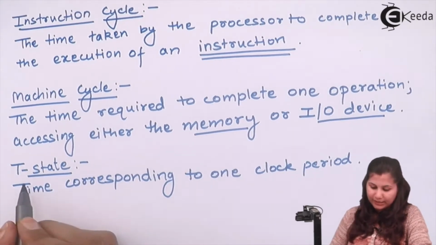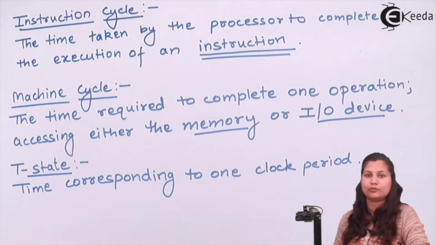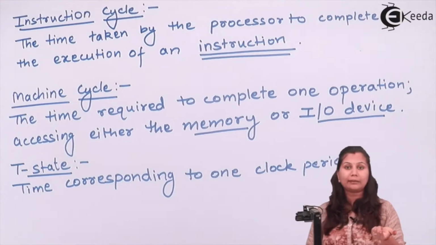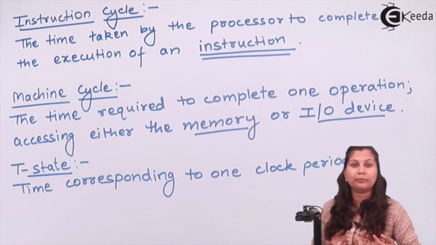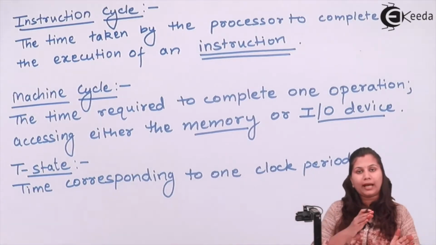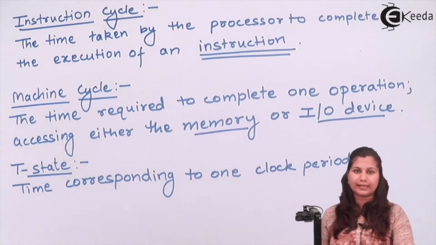So we can say this T state is the basic unit to calculate the execution of an instruction, because we have to measure the time. Now how are we going to measure the time? We will compare it with the clock period. So the time which is equal to one clock period is called the T state.